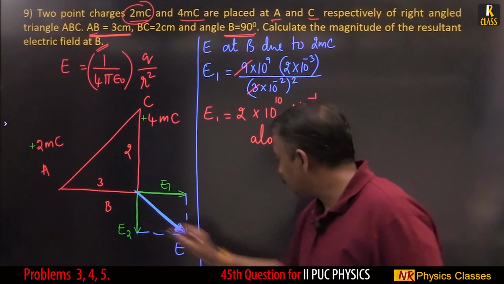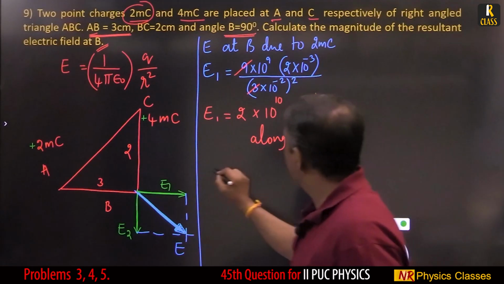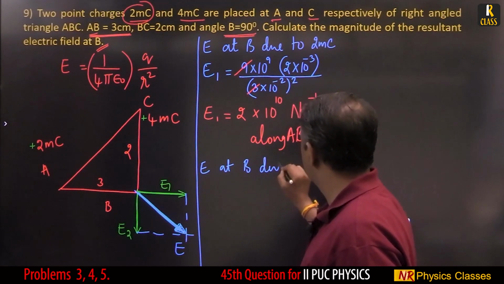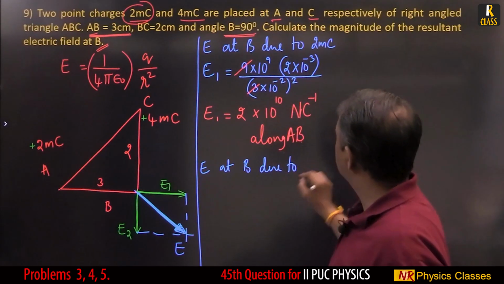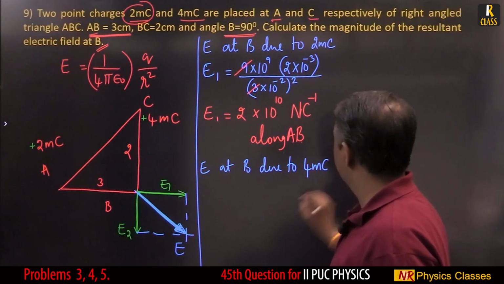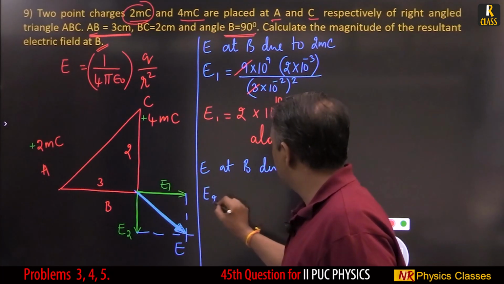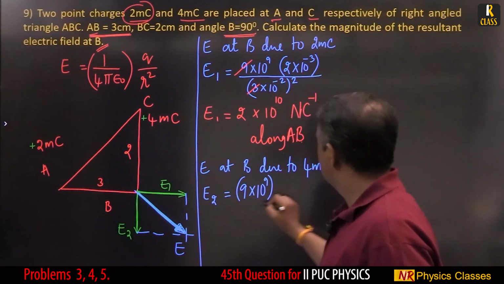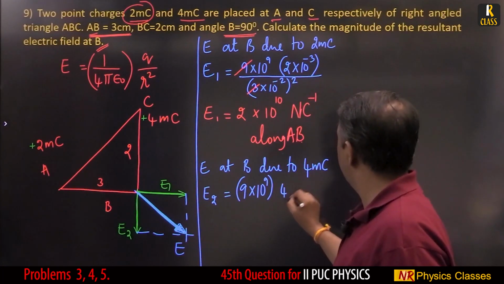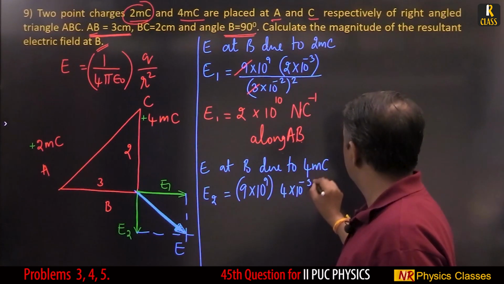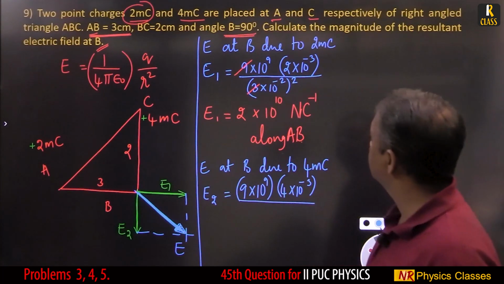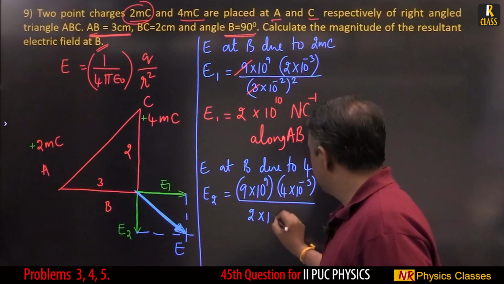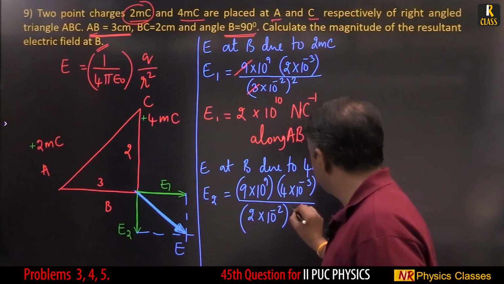Now E2. The electric field at B due to the second charge, which is 4 millicoulomb. E2 equal to 9 into 10 to the power of 9. Charge is 4 milli, minus 3, by distance. This distance is 2 centi square.